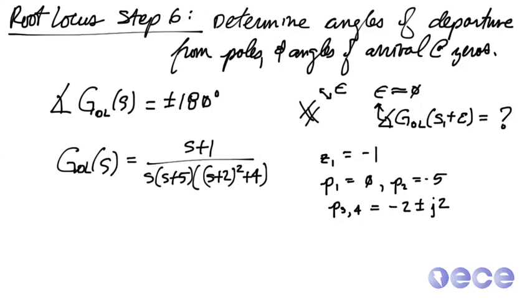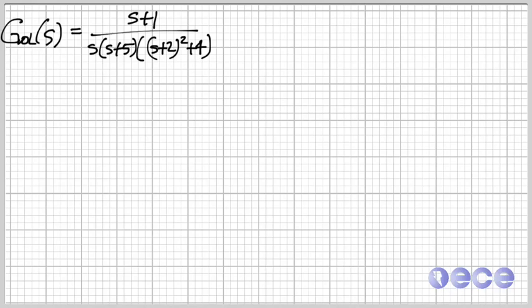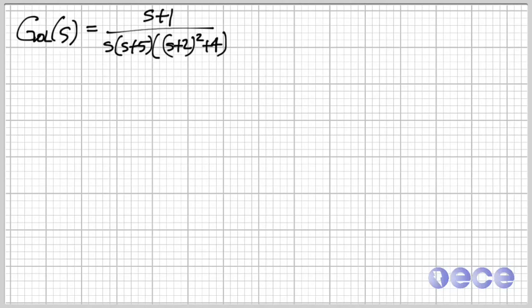So if we take these pole values, we're going to plot them on the PZ map and do phase 1 of the root locus. Let me do a background here. There we go, I like that one. I'm going to paste GOL of S here so that we can remember what our transfer function is.